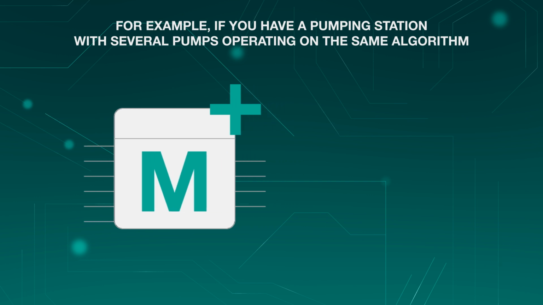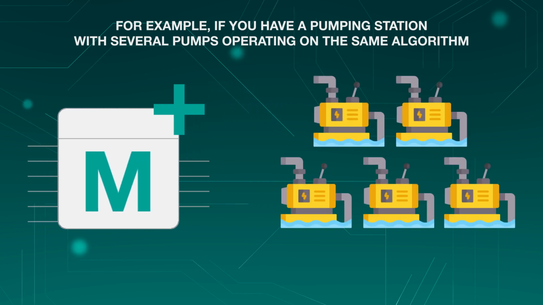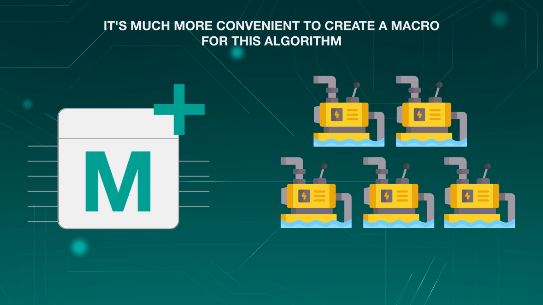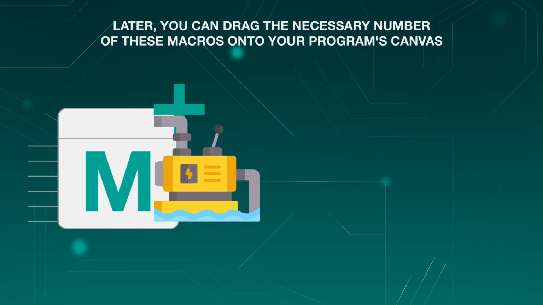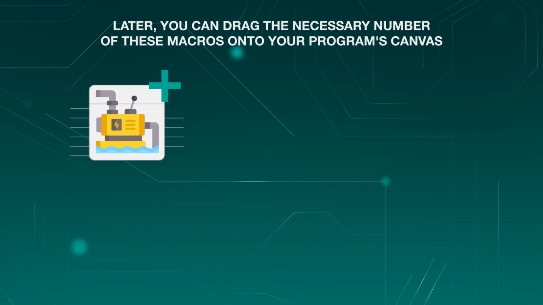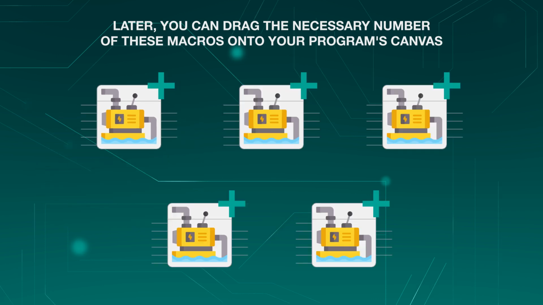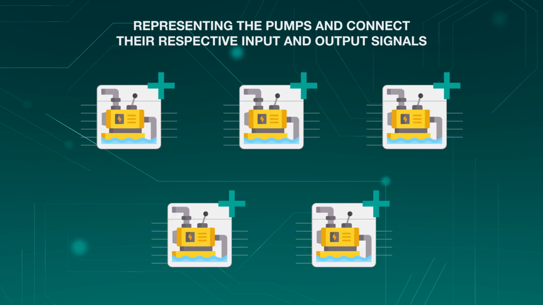For example, if you have a pumping station with several pumps operating on the same algorithm, it's much more convenient to create a macro for this algorithm. Later, you can drag the necessary number of these macros onto your program's canvas, representing the pumps, and connect their respective input and output signals.